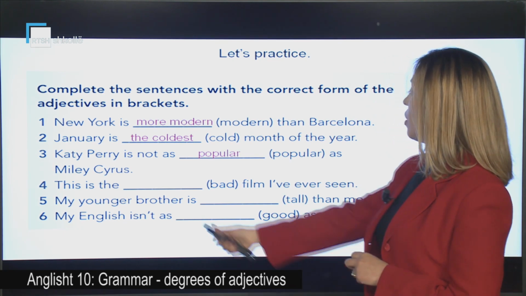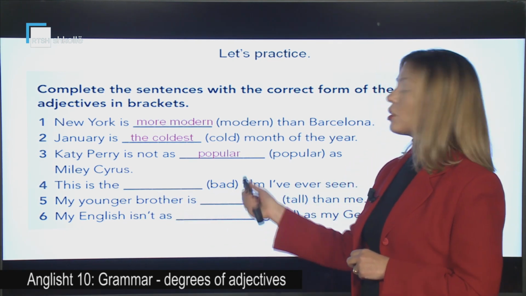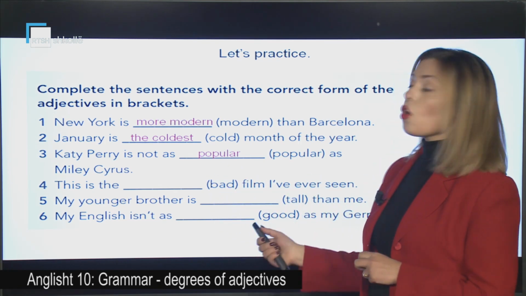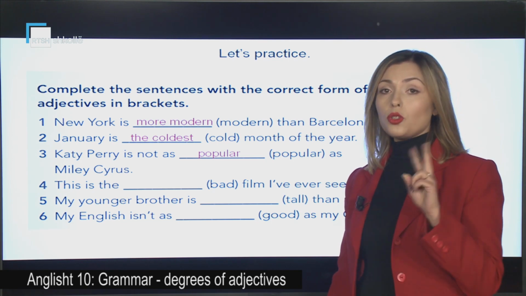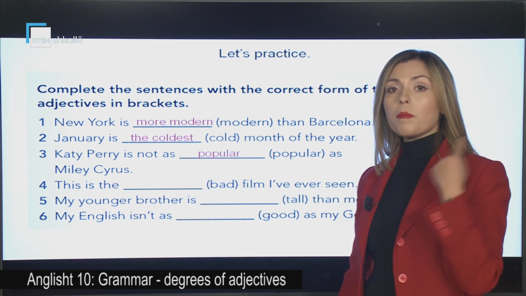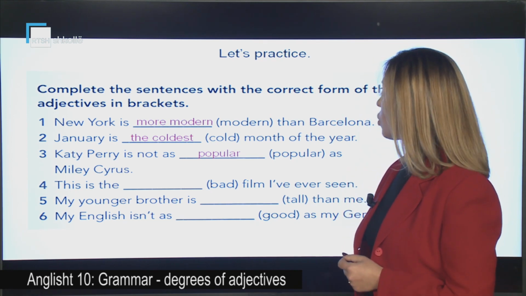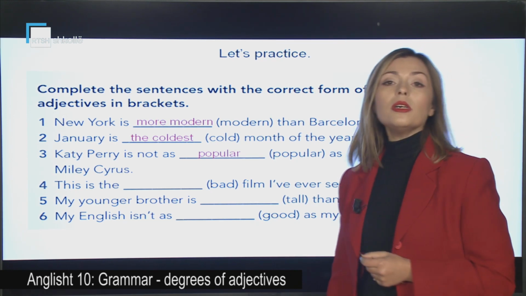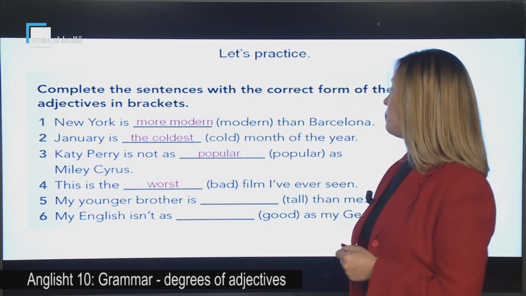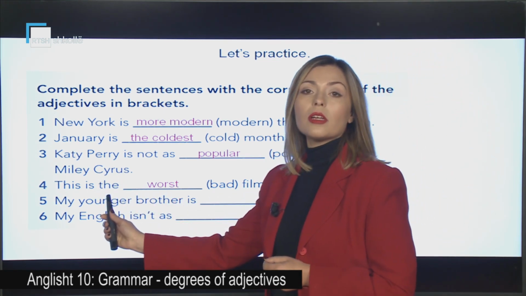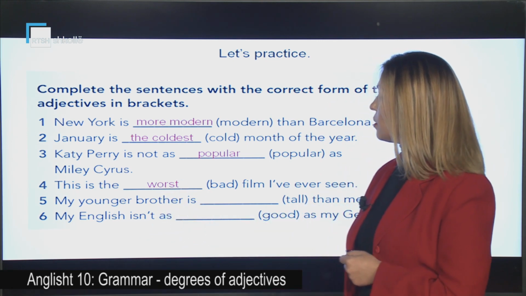Number 4, this is the adjective is bad, film I've ever seen. So I'm not comparing here two, but one with many. So again, we need the superlative form. So this is the worst film, of course. And as you can see, the word the is given. So I only write worst.